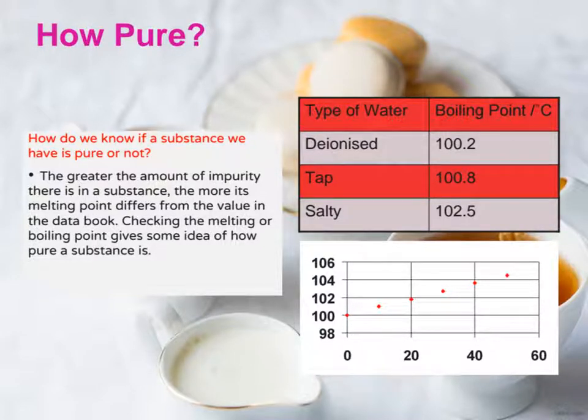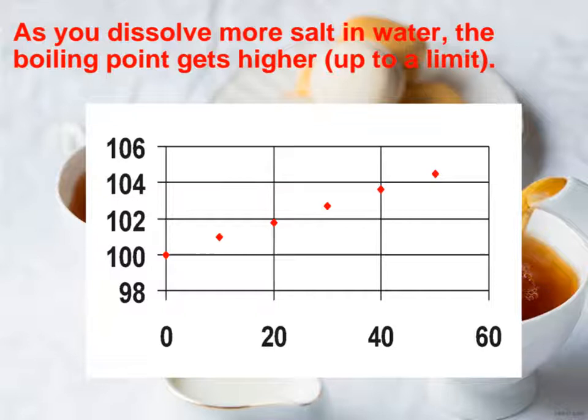So, as I have more salt dissolved in water, the boiling point will increase, up to a limit. Why? Because already we talked about solubility, which is the maximum amount of salt that a specific amount of water is able to dissolve. So the maximum of salt dissolved is limited, and then I'll have a limited boiling point.